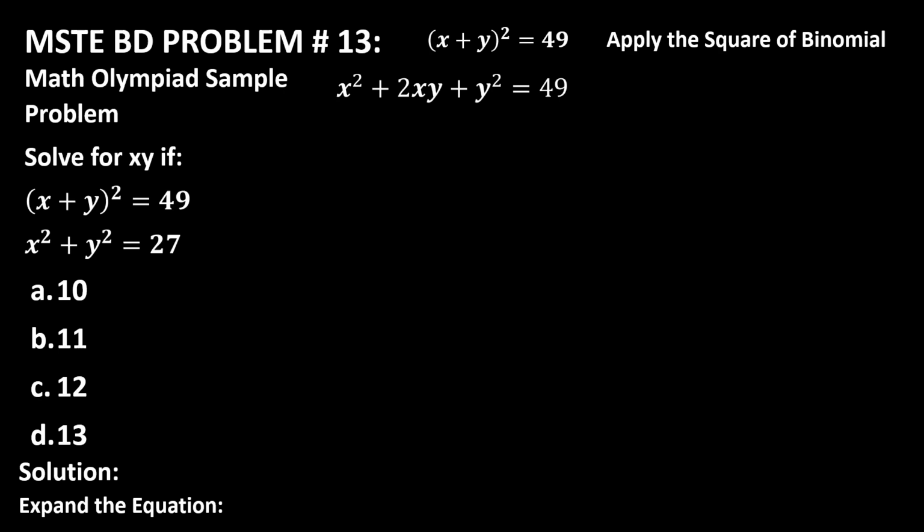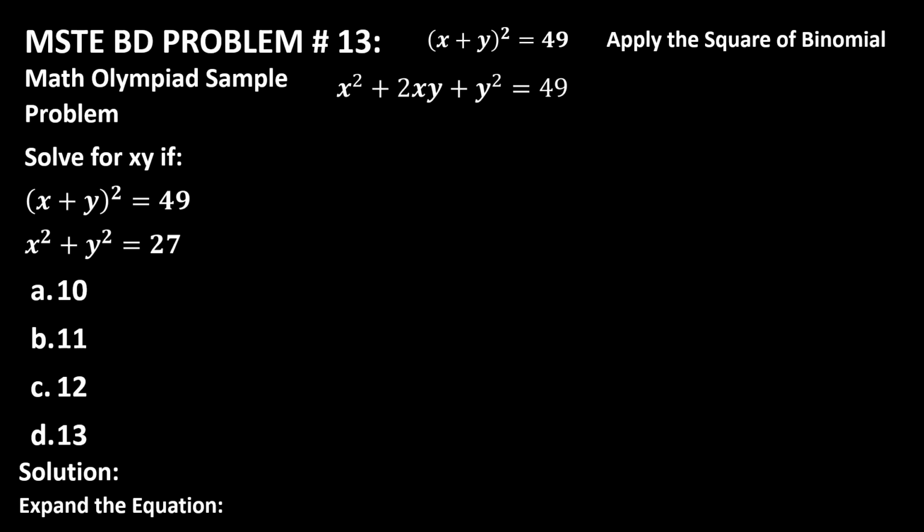And this is now our resulting equation after the application of the square of binomial. We have x squared plus 2xy plus y squared is equal to 49. X squared plus 2xy plus y squared is actually the expanded form of the square of binomial x plus y. In the square of binomial process, we have the following steps. First, square the first term, twice the product of the first and last term, and then square the last term.